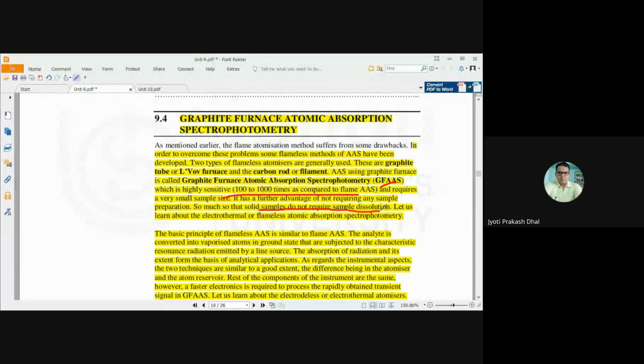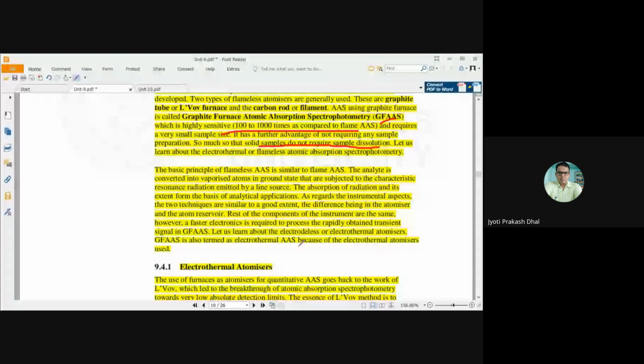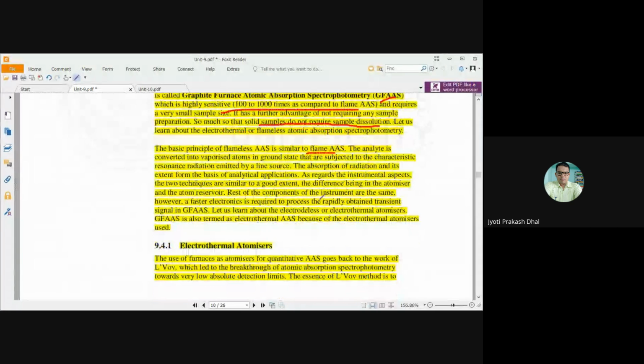So let us discuss GFAAS. The basic principle of flameless AAS is similar to flame AAS. In all types of AAS, the analyte is converted into vaporized atoms in the ground state and subjected to characteristic resonance by radiation emitted by a line source.